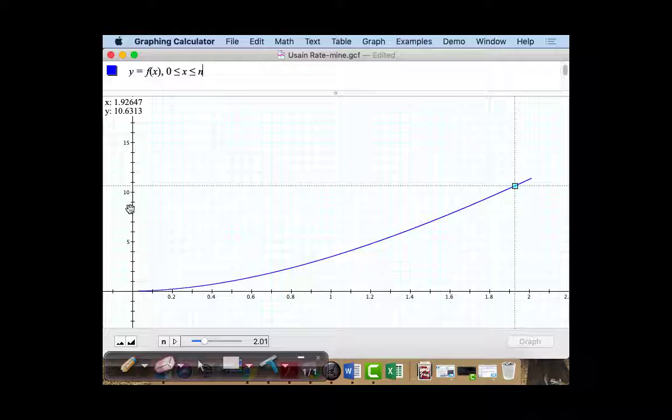Maybe that is changing more rapidly. Not with him, because he kind of reached this peak speed and then just kept going.